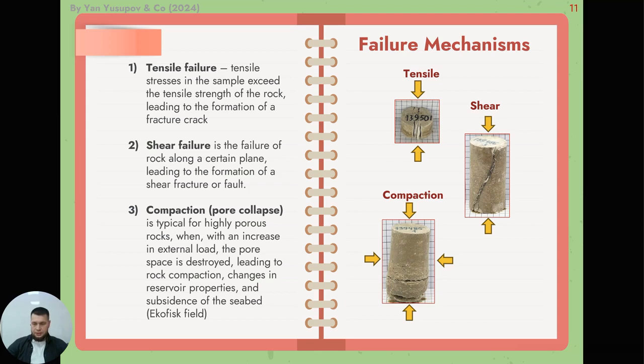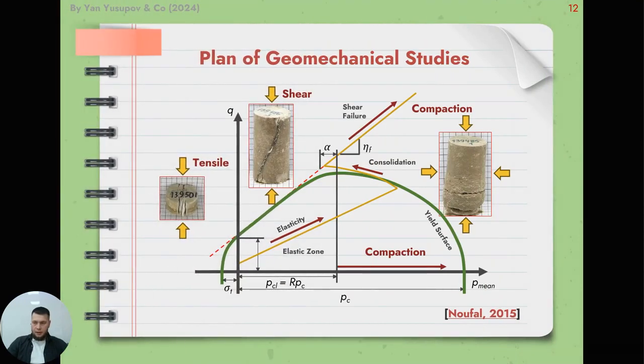And at last, pore collapse is a reduction of rock volume due to an increase in pore volume. For example, this is chalk deposits in the Ekofisk field in the North Sea.